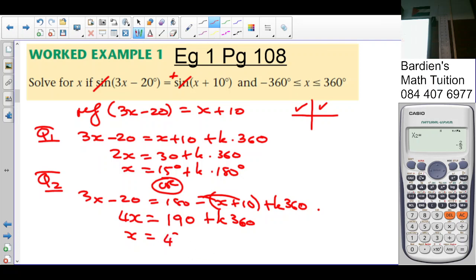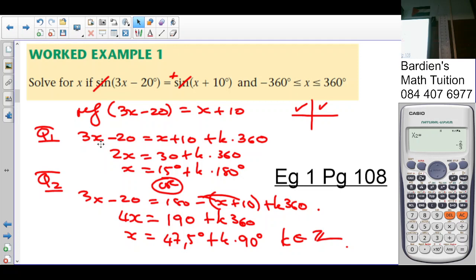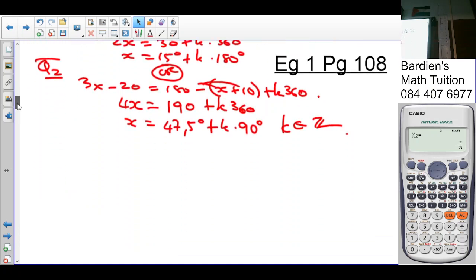So it's 47,5 plus k times 90, k an element of the integers. Okay? So let's check for which values of x the given equation will be defined.